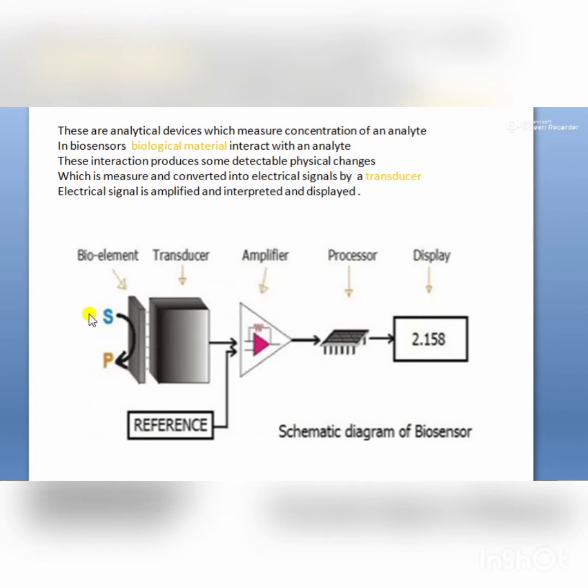Then it creates some physical changes, and these changes with the help of the transducer create electrical signals which are passed to amplifiers. An amplifier can detect the electrical signal properly, and those signals go through the processor. And finally, it shows the results on the display.